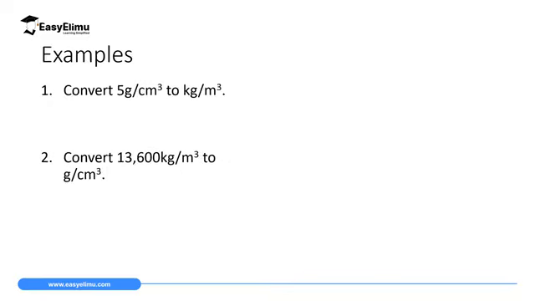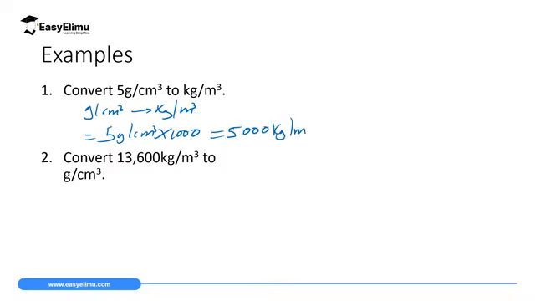What we have said, for you to convert grams per cubic centimeter to kg per cubic meter, you just take your value of 5 grams per cubic centimeter, then you multiply it by 1000, then it will give you 5000 kgs per cubic meter. As simple as that.